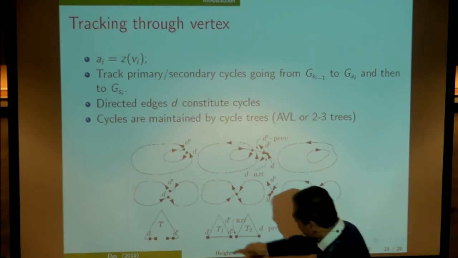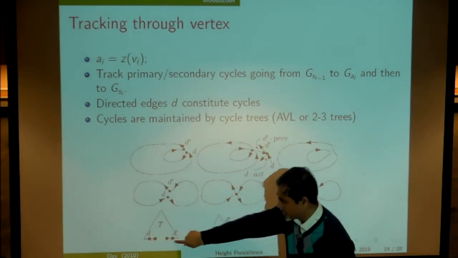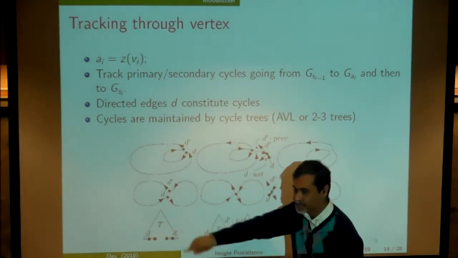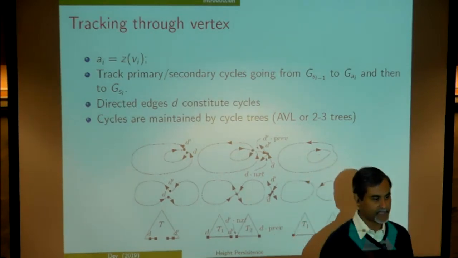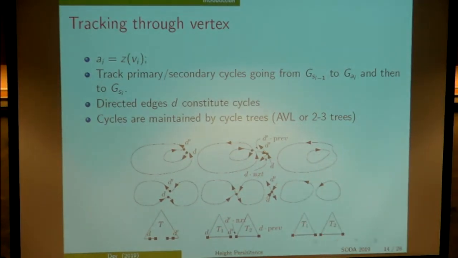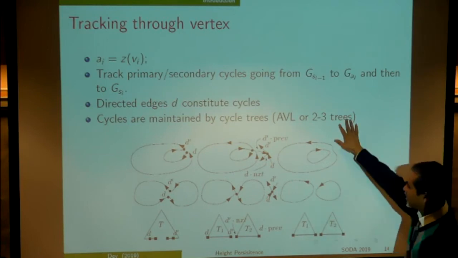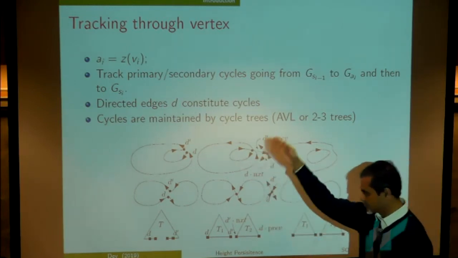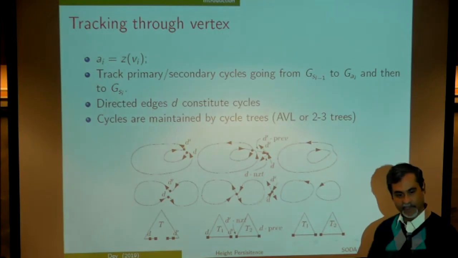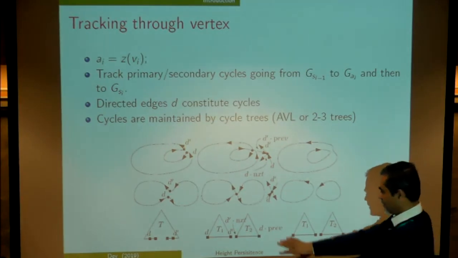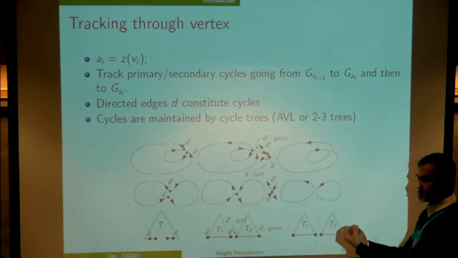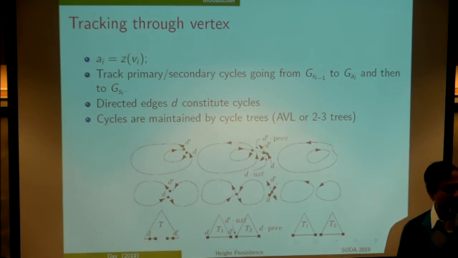So I maintain the cycles as maybe a doubly linked list at the leaf, and then build the tree on top of it, in a balanced AVL or 2-3 tree. It turns out that with this type of tree you can split it at a certain point, given a pointer, and make 2, or you can join 2 trees into a balanced one, all in log n amortized time.